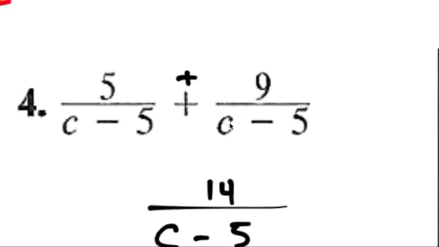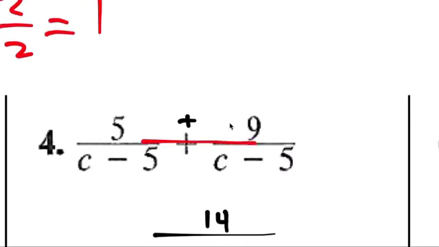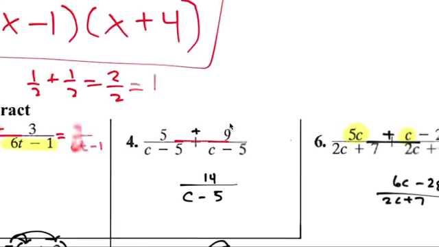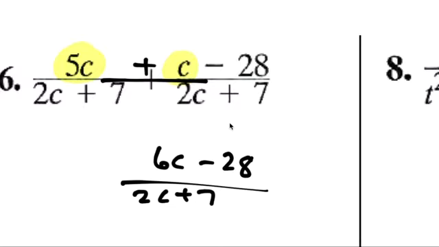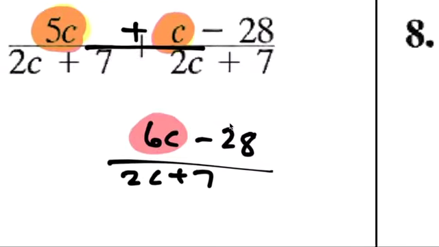Okay, so same thing here. You just extend this and get 14 over c minus 5. And then just like right here, extend, combine the like terms there, and get that 6 and then minus 28, and see if it factors out. Does it really matter?